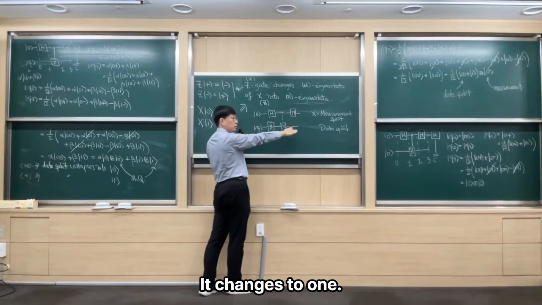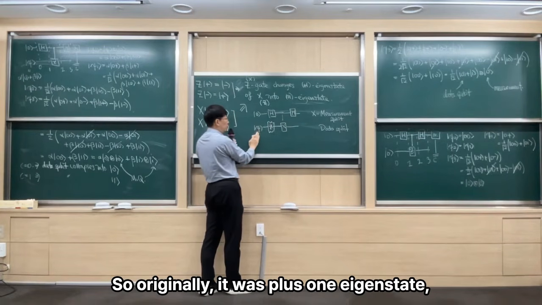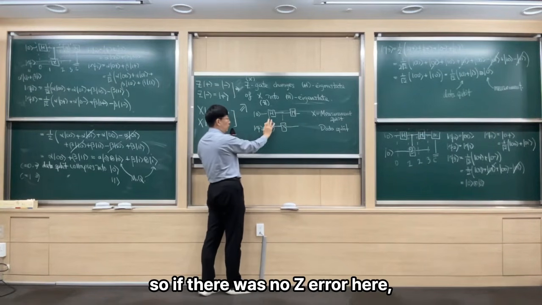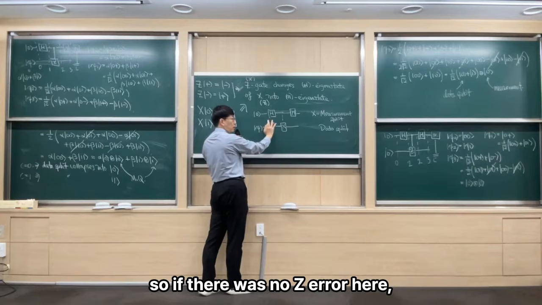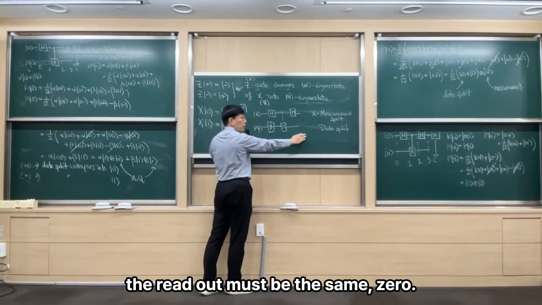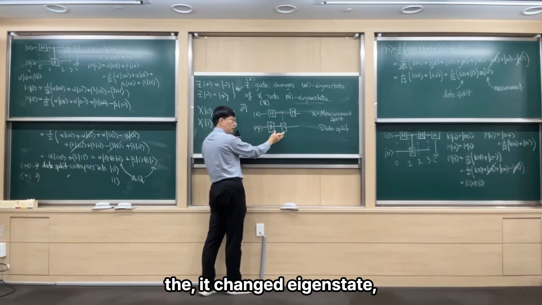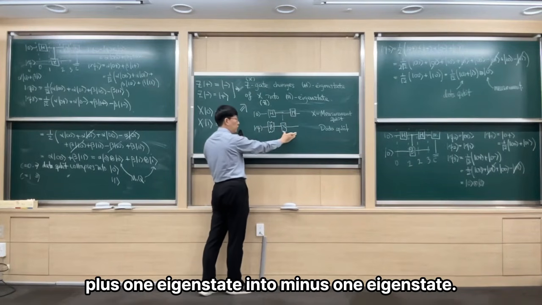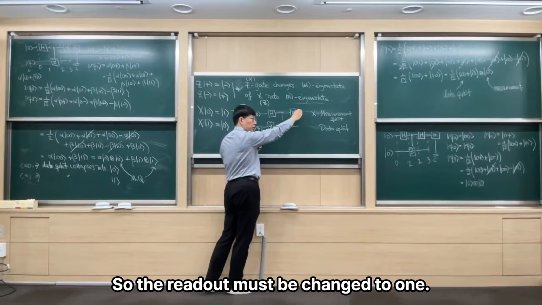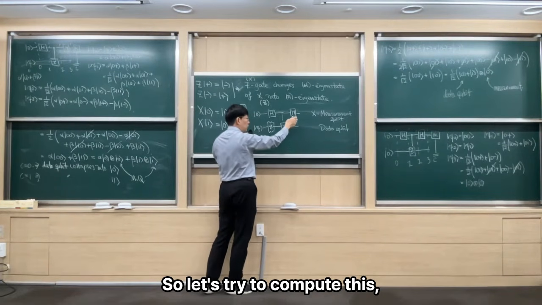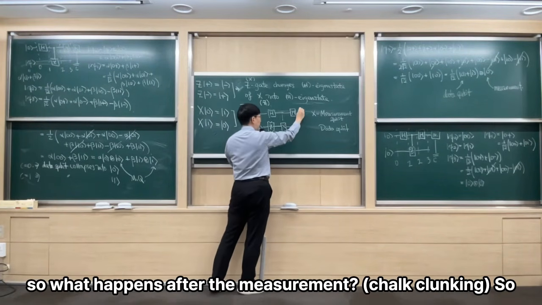It changes to 1. Originally it was the +1 eigenstate, so if there was no Z error here, the read-off must be the same 0. But because of Z, it changed the +1 eigenstate into the -1 eigenstate, so the read-off must change to 1. So let's try to compute this. What happens after the measurement?